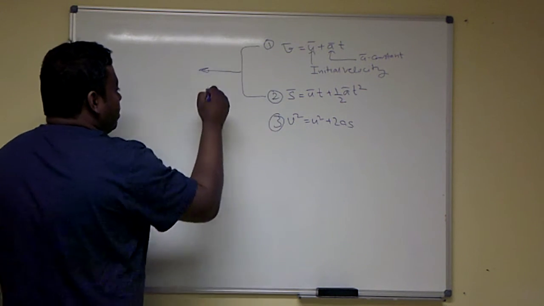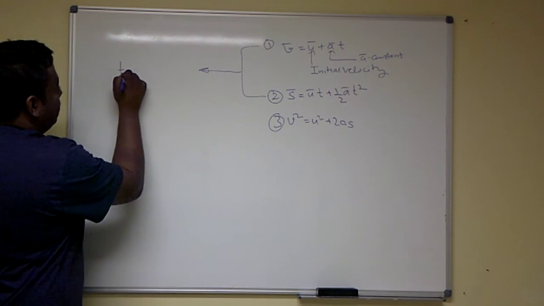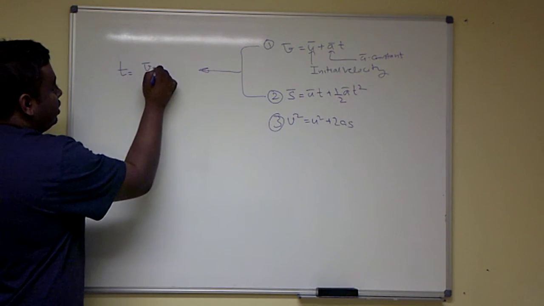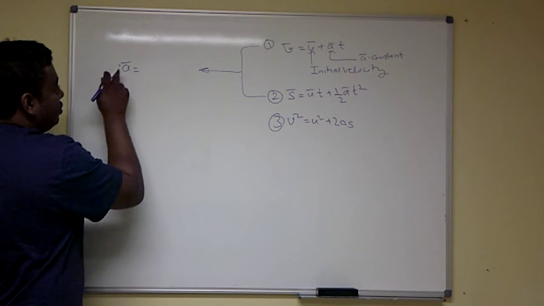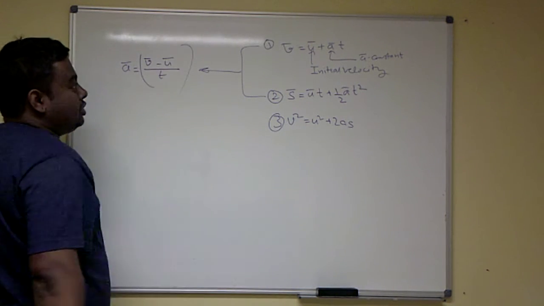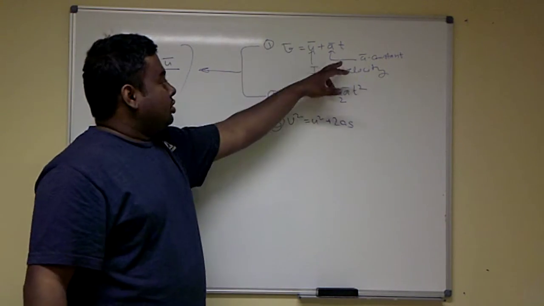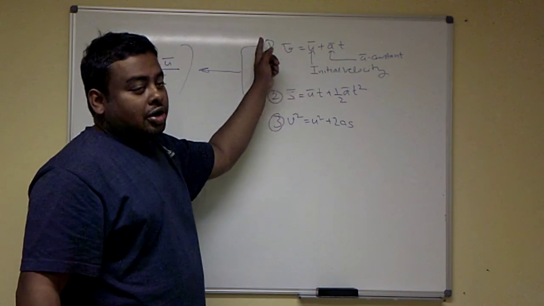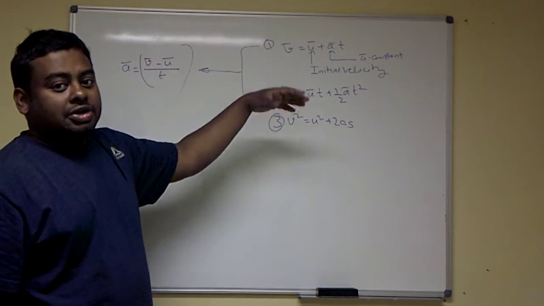Over here, you can rearrange the first equation of motion to get your acceleration in terms of v vector minus u vector divided by time. I divided the entire first equation of motion by the amount of time t, which is a scalar quantity, and then subtracted u vector from both the left hand side and right hand side of the equation.